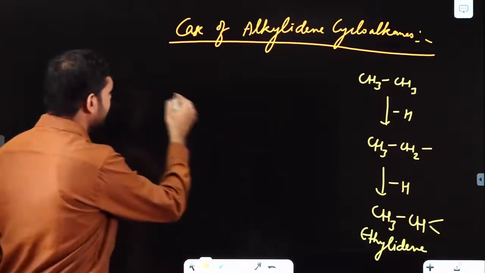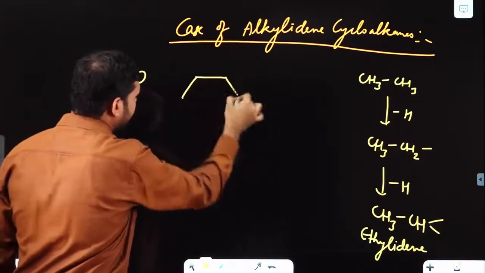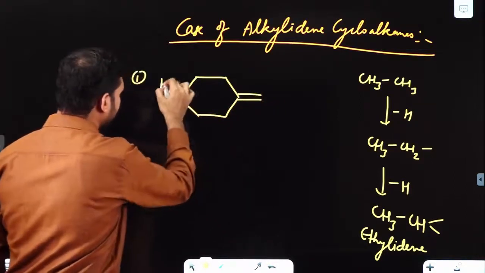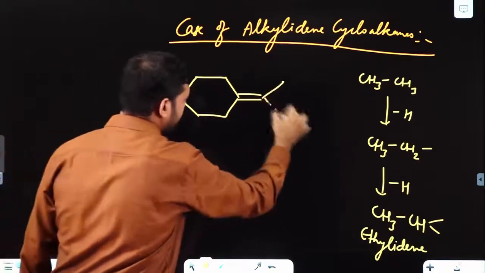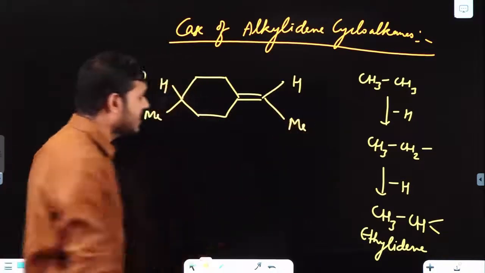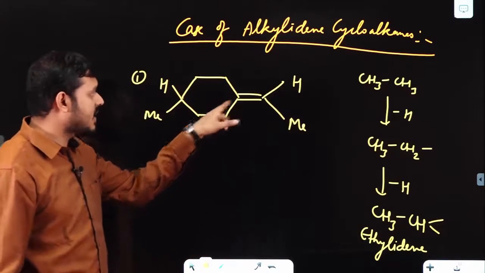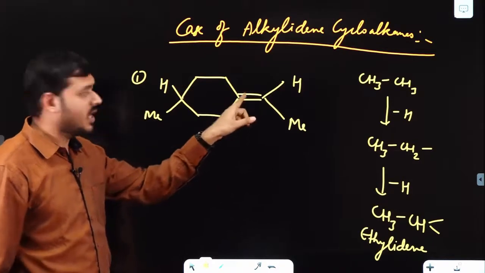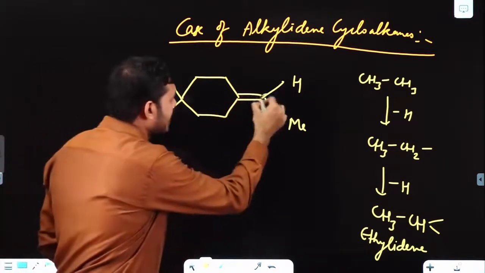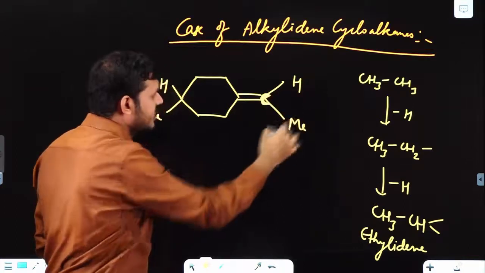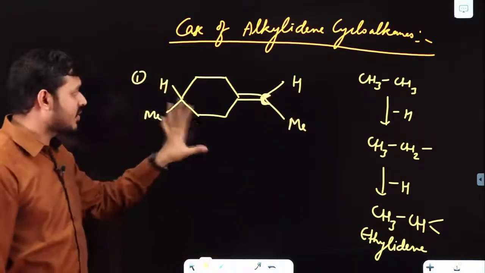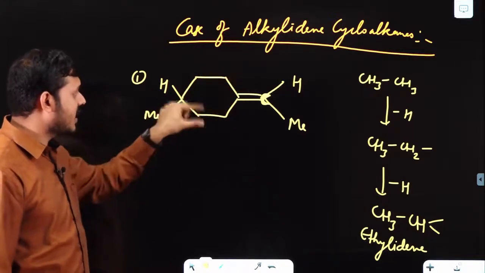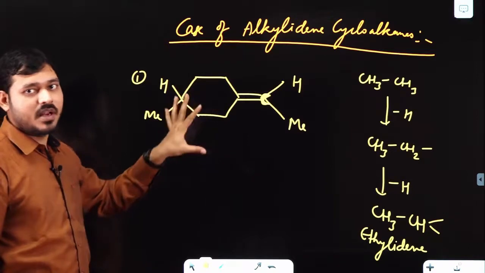Now cycloalkanes, let me give you an example. See, this is the alkylidene part from this cyclohexane. This is the alkylidene part, double bonded. Two valencies are free, so from this carbon you have hydrogen and methyl. Now if I suppose that this pi bond and this ring are non-planar, then I am correct.